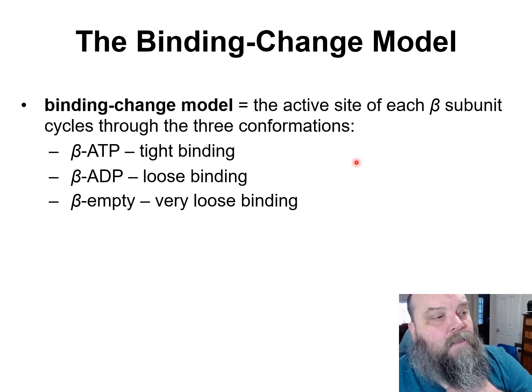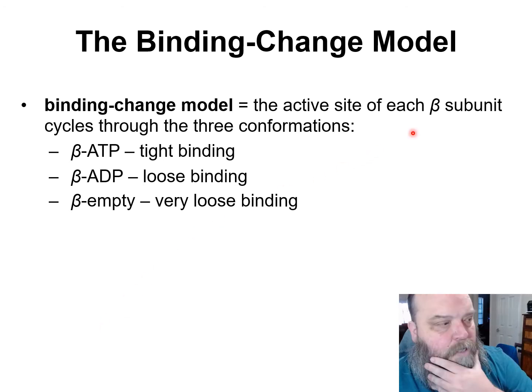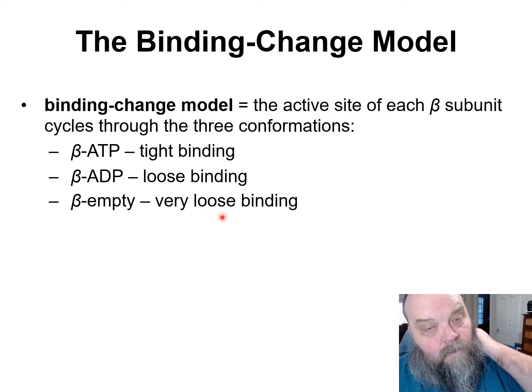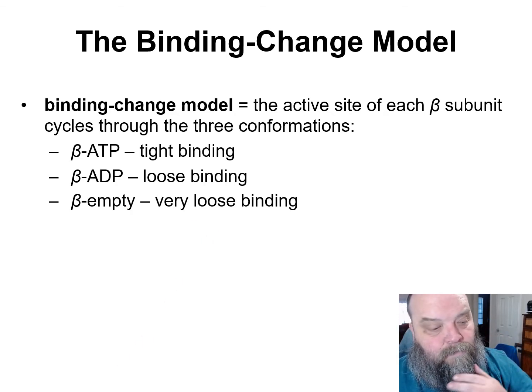We see the betas will go through three states, three conformational changes: tight, loose, very loose. If it's ATP, it's tightly bound. If it's ADP, it's loosely bound. If it's empty, it's very loose binding capacity.